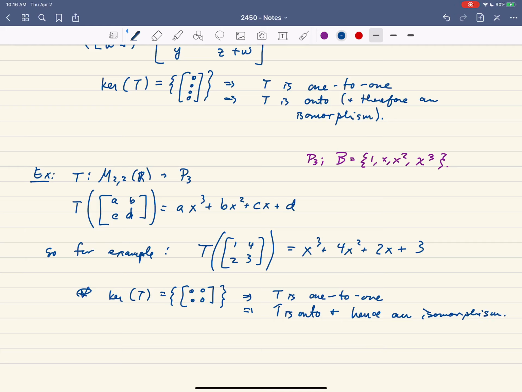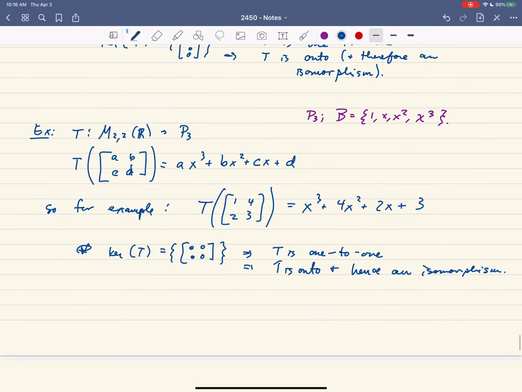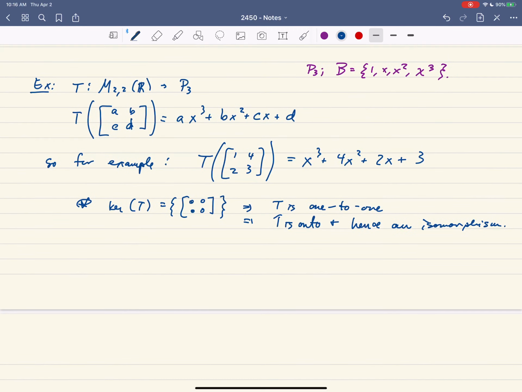Okay, so there are some examples of vector isomorphisms. Just a few other things to talk about, and really I just want to go over this one idea. Let T be a linear transformation between the vector space R3 and the set of polynomials P3.